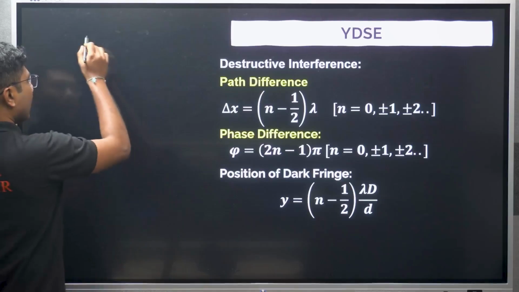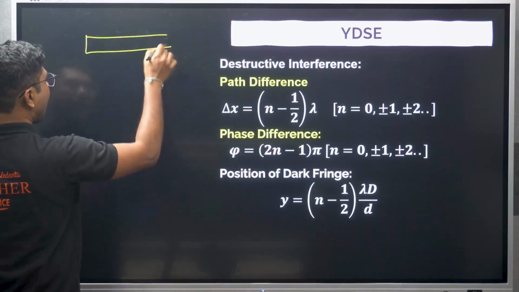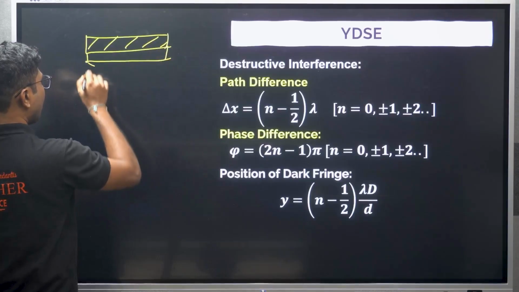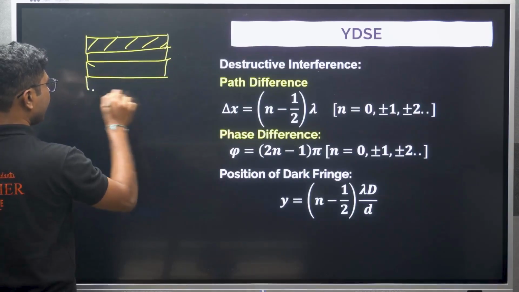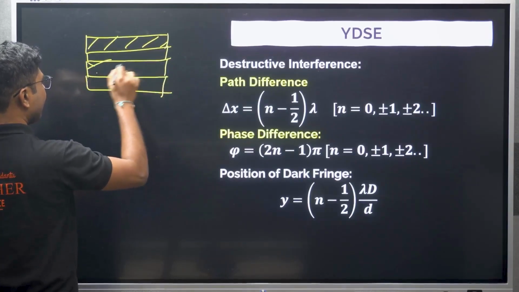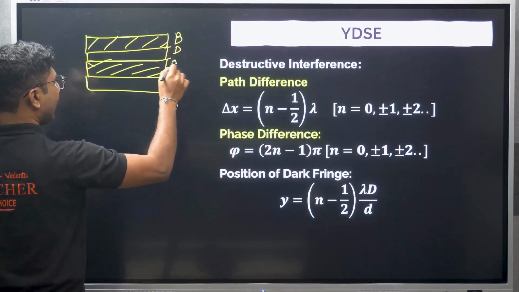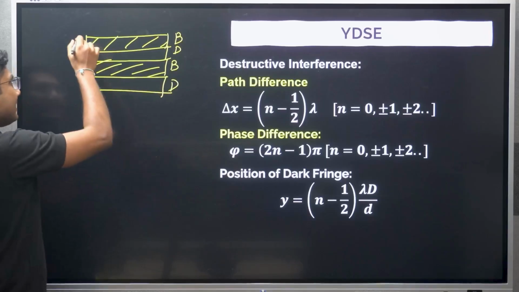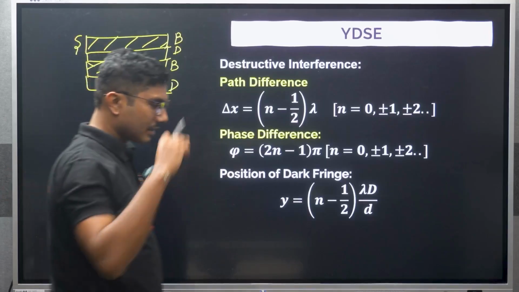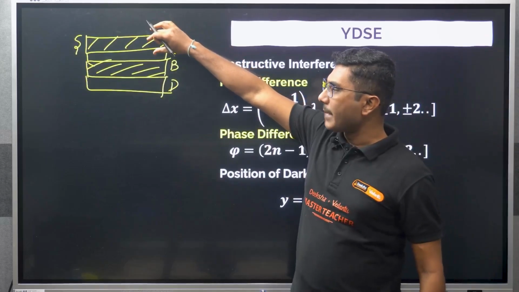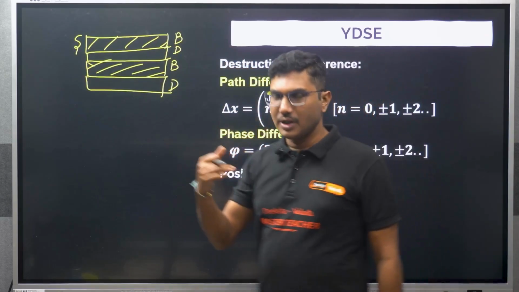Now suppose there is a bright fringe and then we have a dark fringe. Bright fringe I am marking it like this. So this is bright, this is dark, bright, dark. This is called fringe width. The width of any of the dark band is called fringe width.